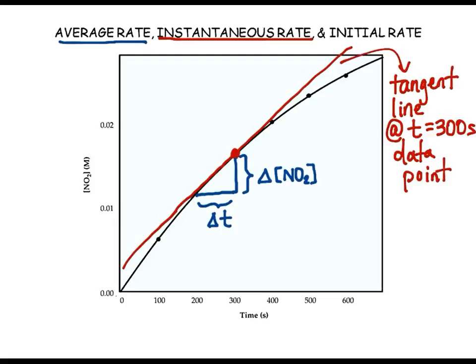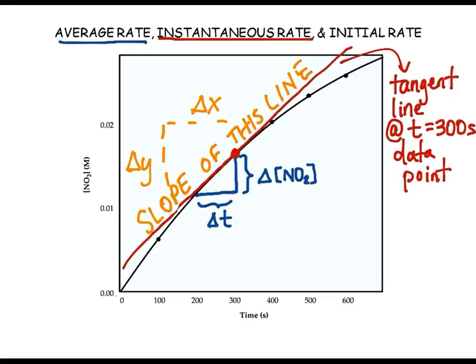You can choose whichever time point you want. But the slope of the tangent line at t equal 300 seconds is the instantaneous rate. And you can see there I've got the orange dashed lines to show you that I'm doing change in y over change in x. That's the slope of the red line. The slope of that line is the instantaneous rate.